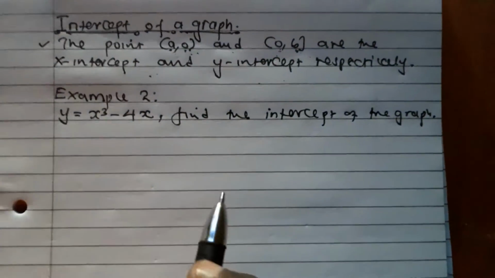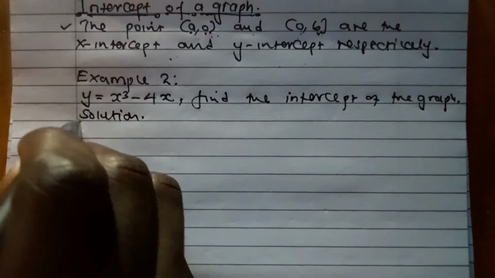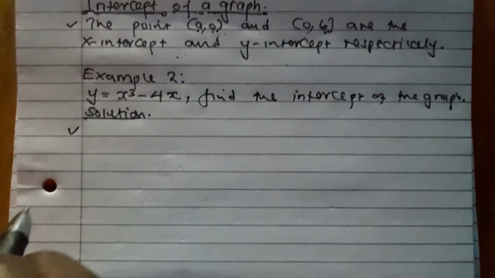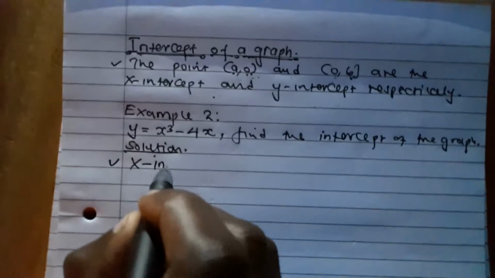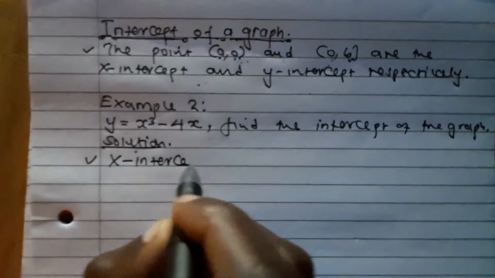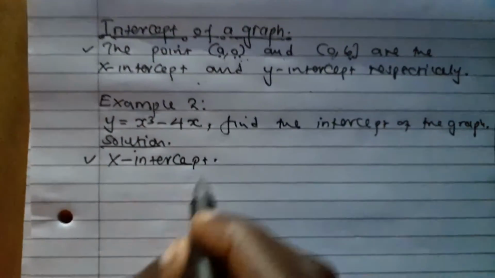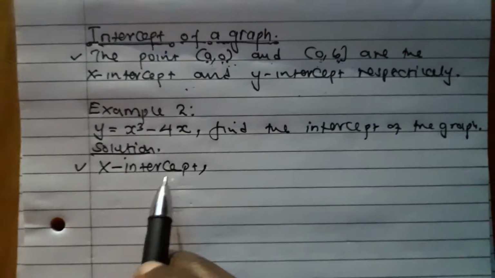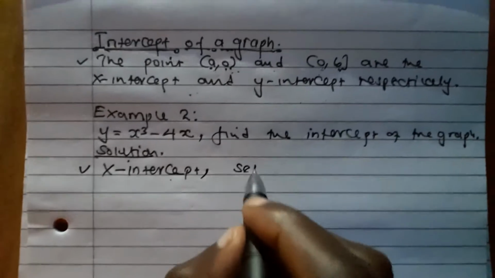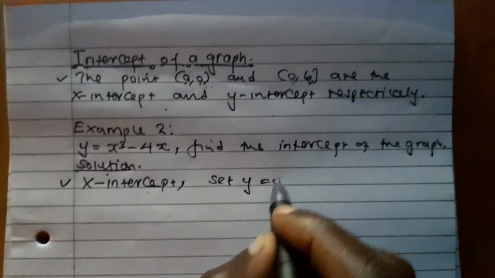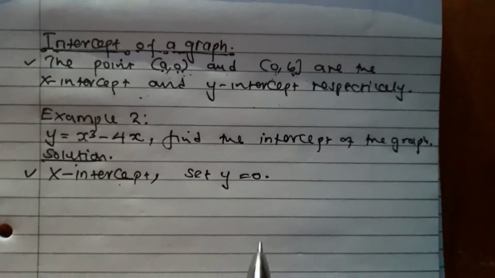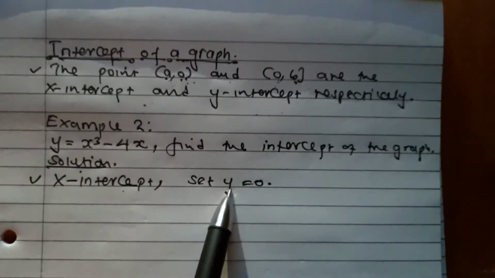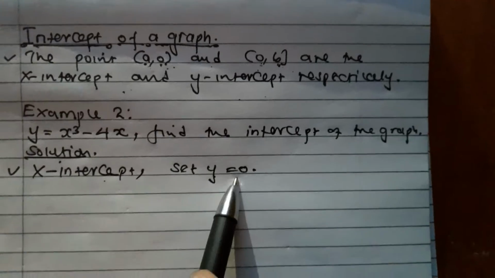How are we going to do that? So let's write some solution. And we'll start by finding the x-intercept. To find the x-intercept, we set the y value equal to 0, because always when the curve cuts the x-axis, the y value will always be equal to 0.